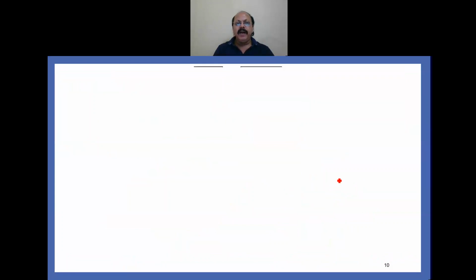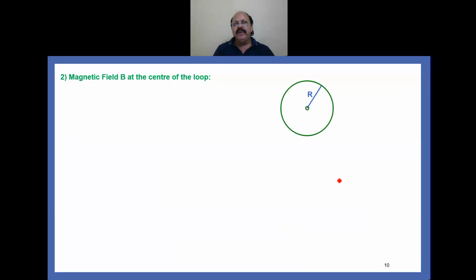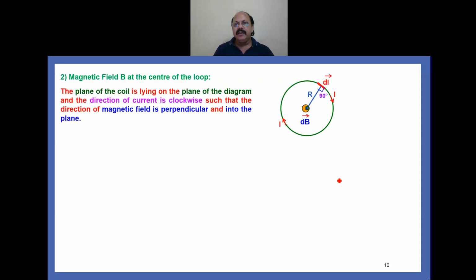Now the second part which we take is the magnetic field at the center of the loop. In the previous case we took a special case. Now we have to find it by applying Biot-Savart's law. So here we are considering the same current carrying loop with center O, and R is the radius, carrying the current I. Then we have to find the magnetic field at the center. dl is the length element, I dl is the current element.